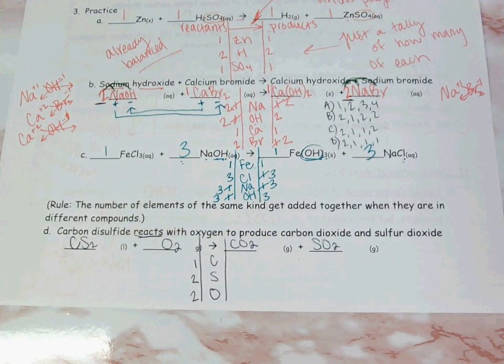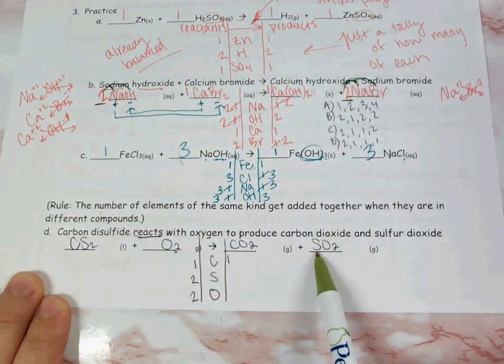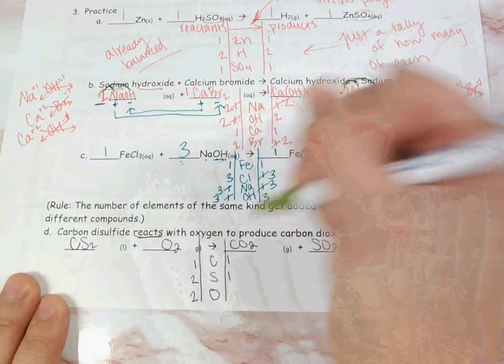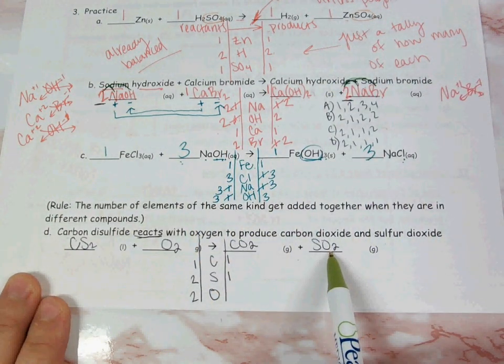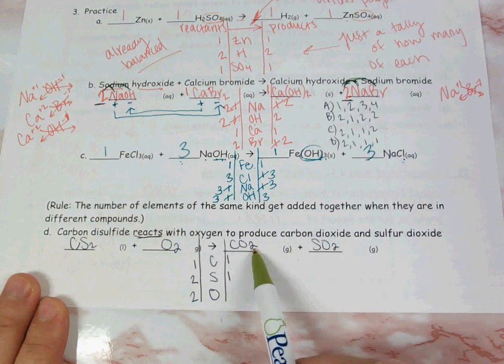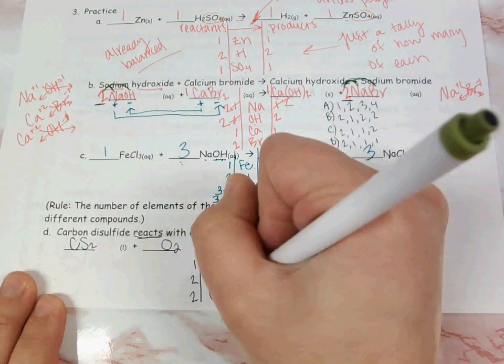On my product side, I have 1 carbon atom, I have 1 sulfur atom, and I have 1, 2, 3, 4 oxygen atoms. So you see that oxygen is in 2 different places, but when we're counting how many oxygens total are on my product side, I add them all together, so there are 4.